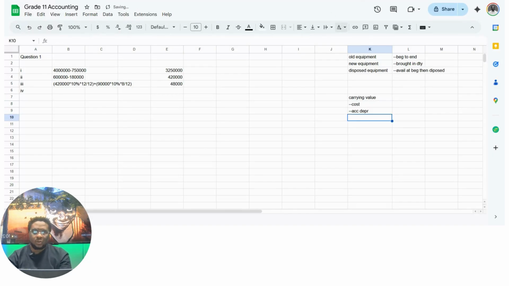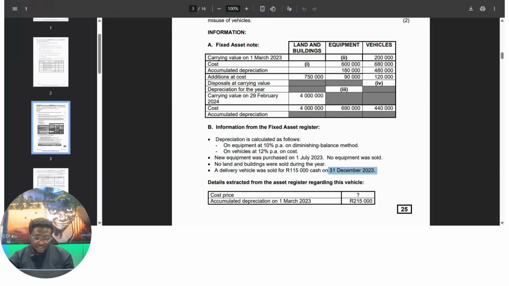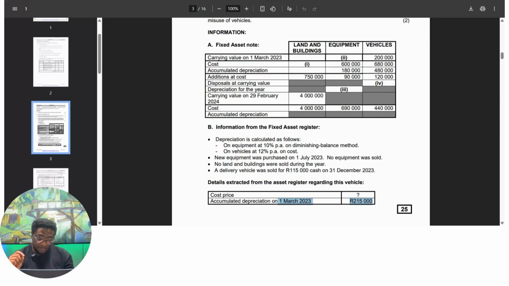Now, its accumulated depreciation, you may think that it is given in this information, but it is not, because we're only given the accumulated depreciation on this vehicle at the start of the year, right? So we would then need to work out the current year's depreciation in order to get the accumulated depreciation on the 31st of December 2023.